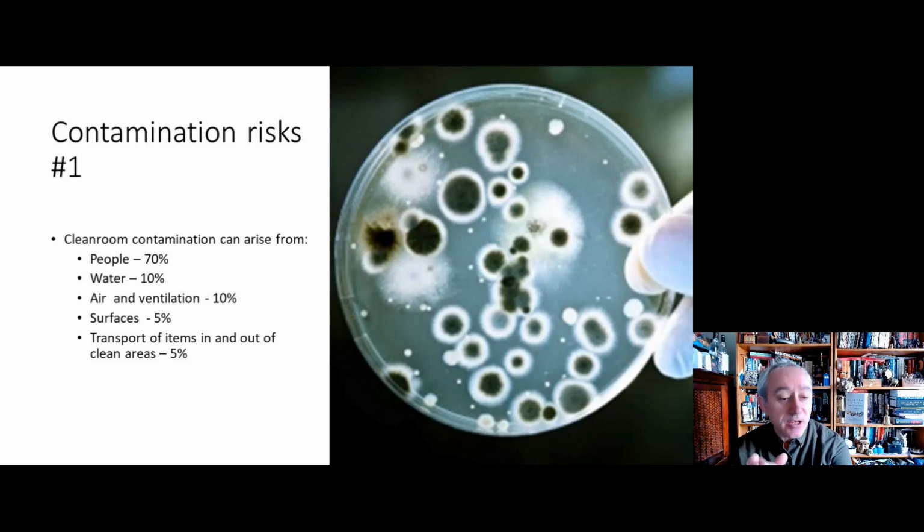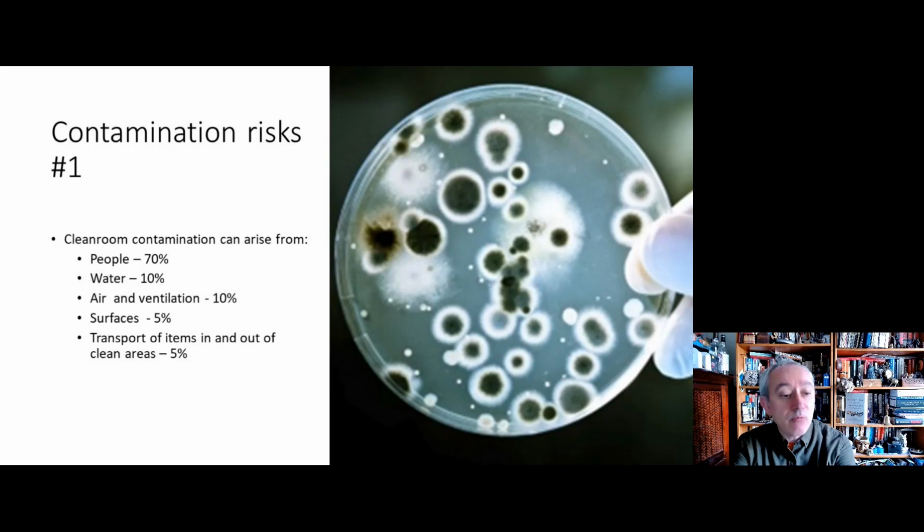Now, contamination can arise from a number of sources within the clean room, and there are various industry studies that have attempted to break that down. If we go from the bottom up, we have the transport of items into and out of clean areas.